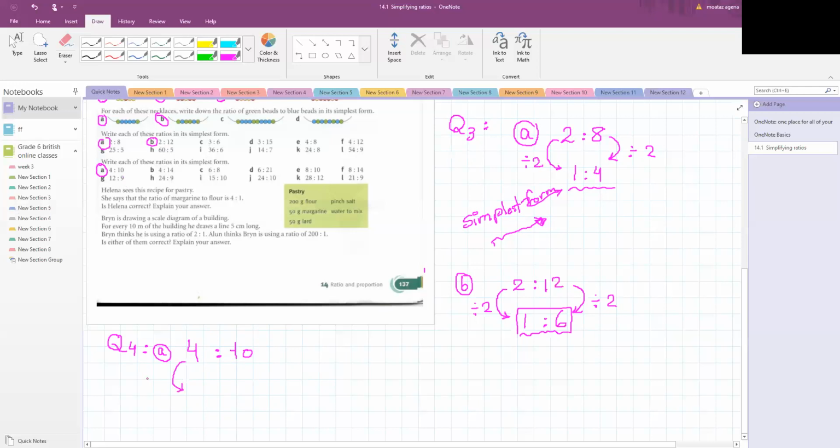So I will divide the left hand side by 2 and the right hand side also by 2. 4 divided by 2 equals 2. 10 divided by 2 equals 5. You will ask yourself, can you divide more? Is there a common factor between 2 and 5? No. So this ratio is in the simplest form.